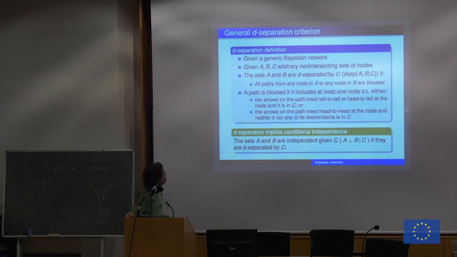Okay? Now, when is a path blocked? Okay? So first of all, a path is just a sequence of edges and nodes between two nodes, one in A and one in B. Okay? You don't have to follow the arrows. Now, a path is blocked, okay, if it happens at least once over the path that either there is a tail-to-tail or head-to-tail connection going through one node, which is part of the set C, okay?